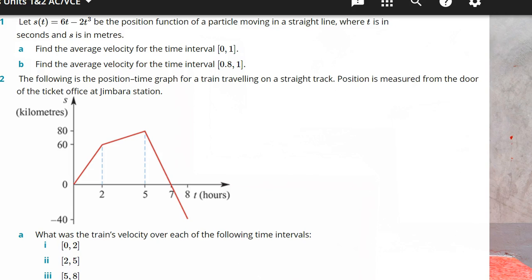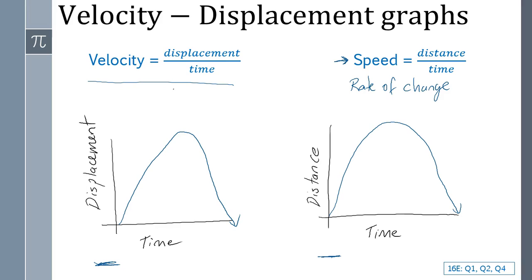So there's 2 different velocities that we're looking at, same as when we initially did rates of change, there was 2 different ones. So we have average velocity and we have instantaneous velocity. So if we've got average velocity, they might ask for the velocity from 2 seconds to 5 seconds.